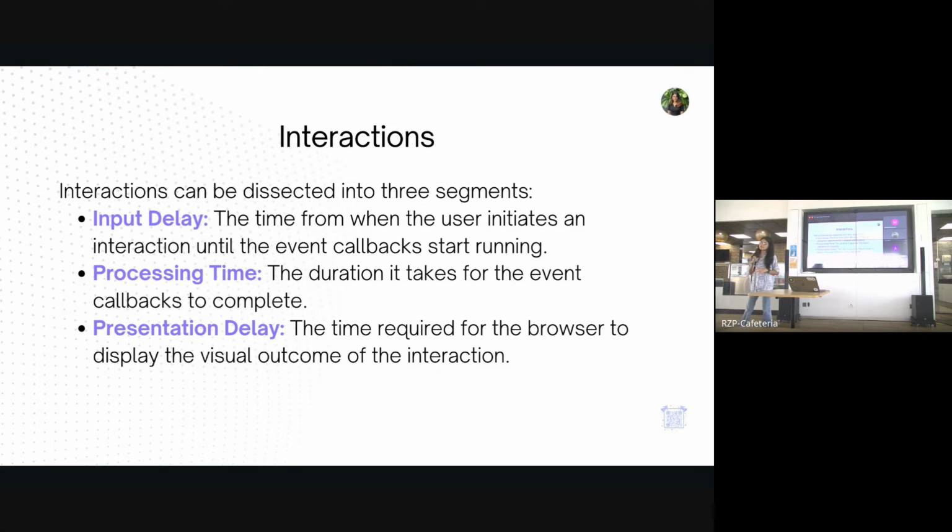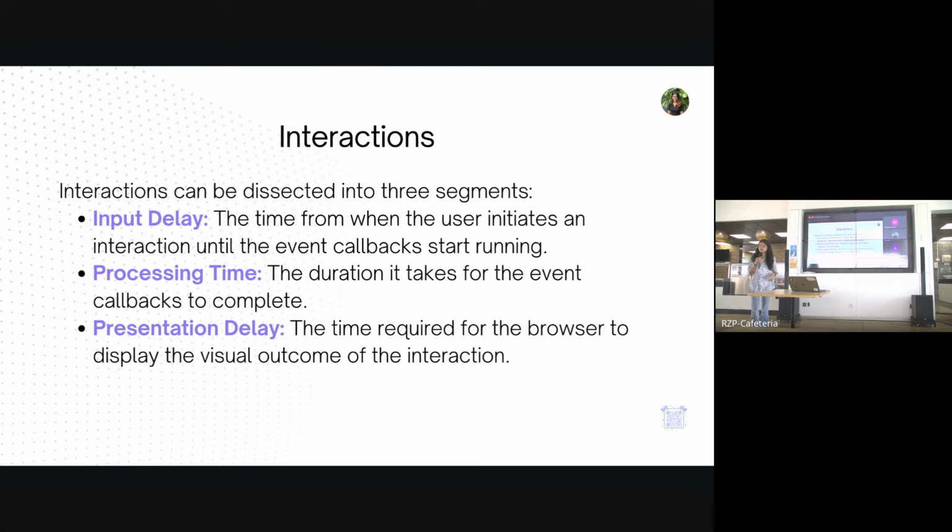The first one is your input delay. What is your input delay? Let's say you have a button and you have added a click interaction over that. On that click interaction, you add a callback, a function that you'll call once a person clicks on this button.